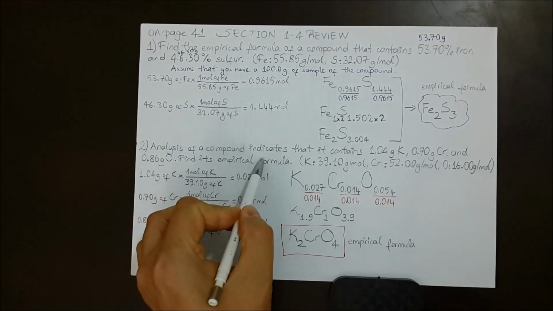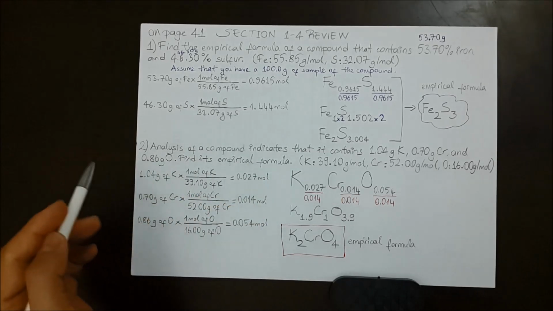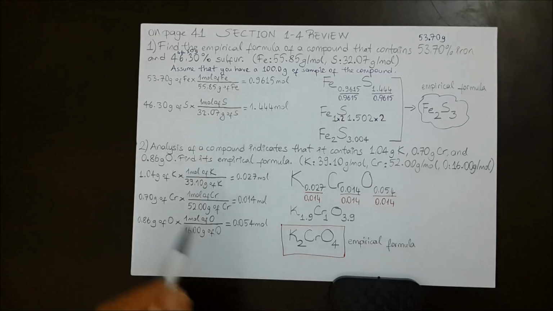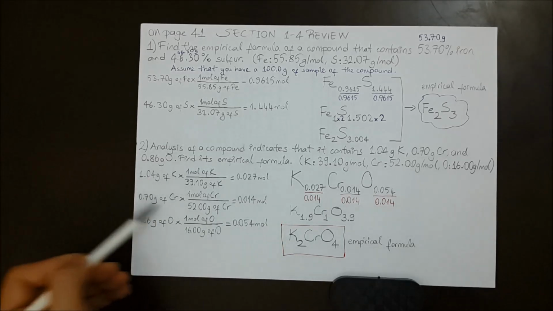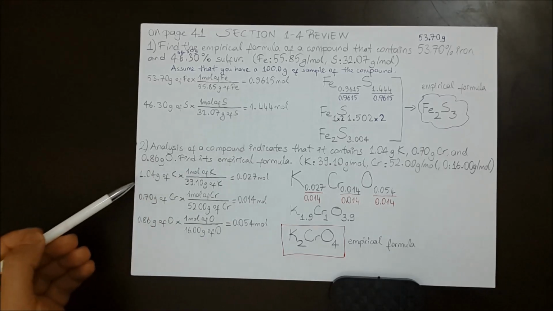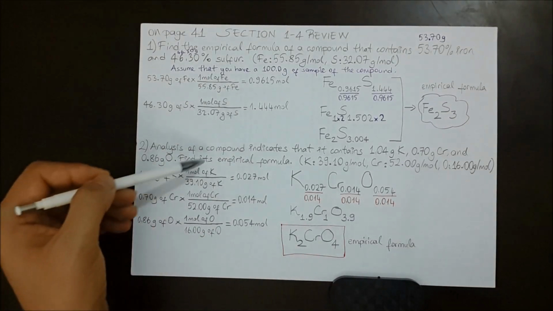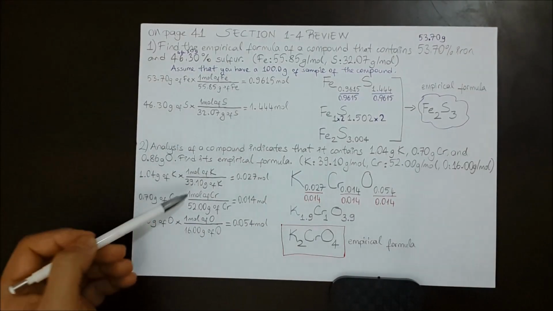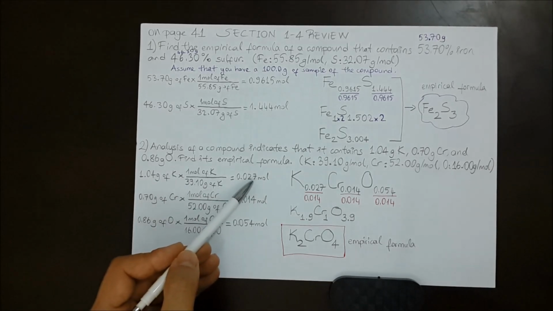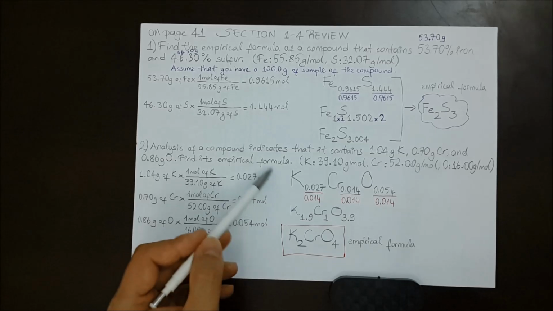I start the solution with the conversion between mass and mole. I will convert all the masses of elements into their moles, as you see in this part. 1.04 grams of potassium times 1 mole of potassium over 39.10 grams of potassium makes 0.027 mole.